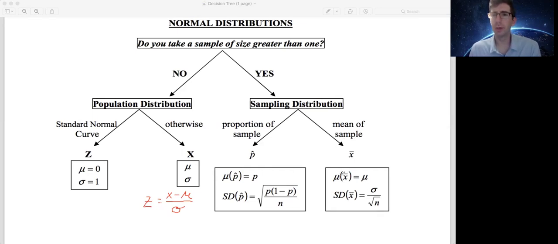And we know that if we could take every single sample from the population that we start with, and with each of those samples taken, calculate the sample mean, then the average of all of those sample means would be the same as our starting population's average, which we are normally given in our problem.